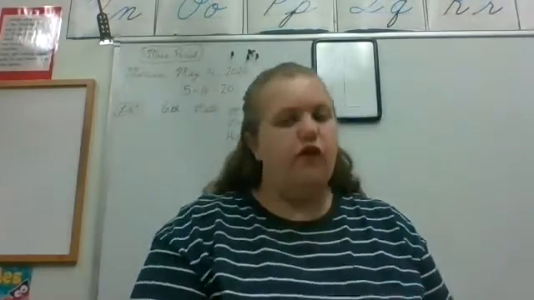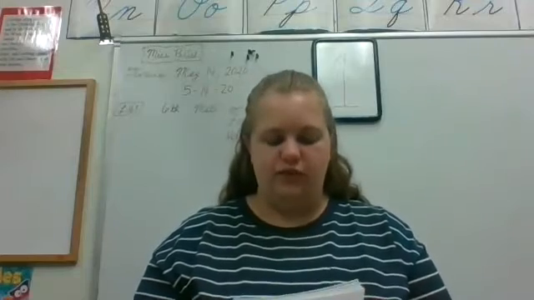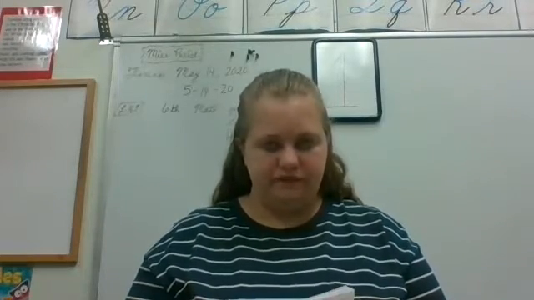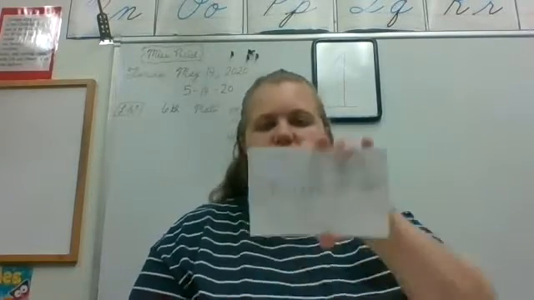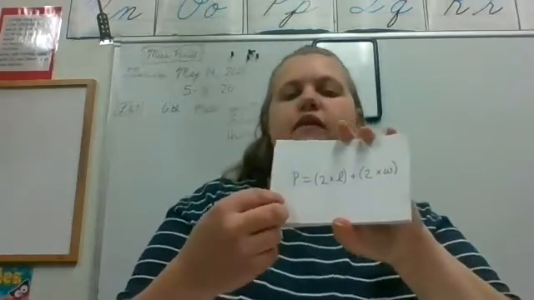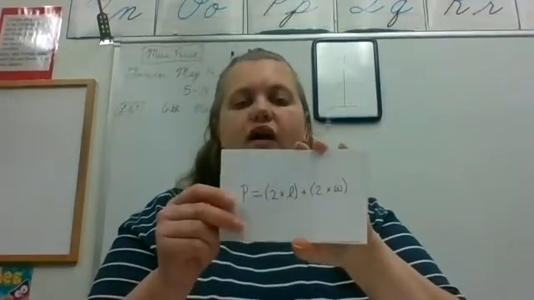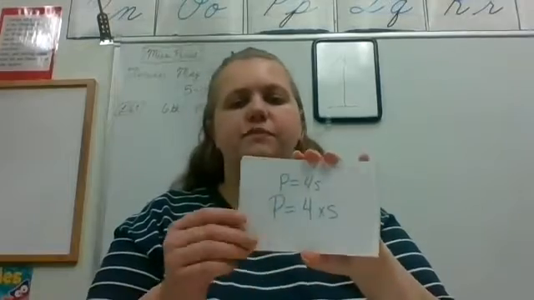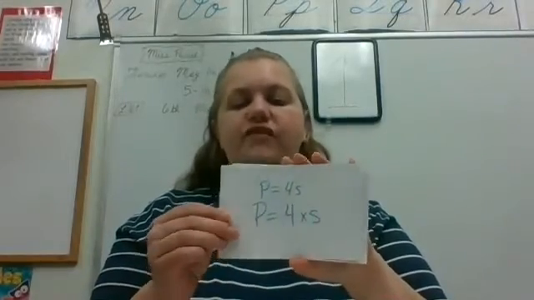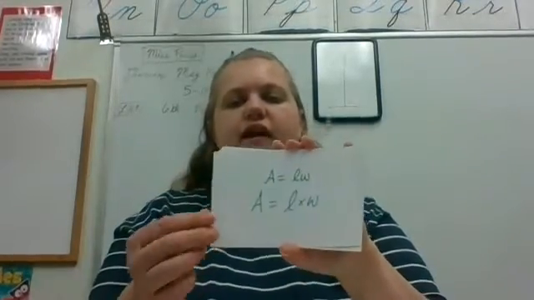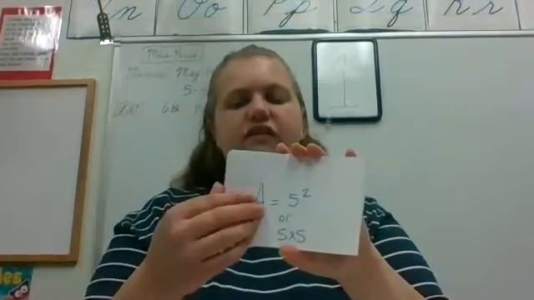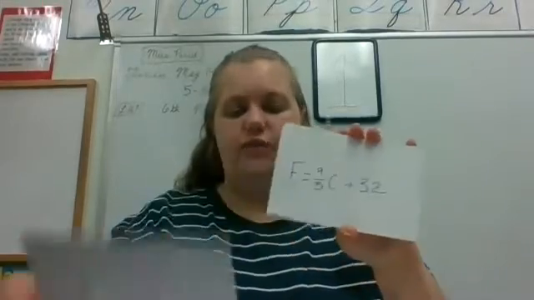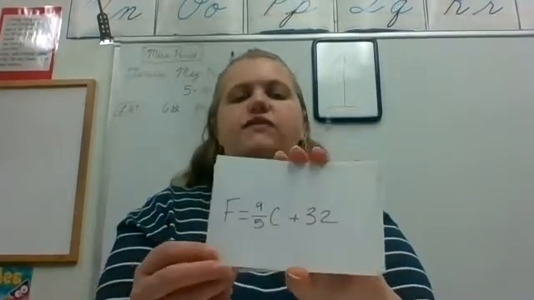All right. So formulas, we're gonna go ahead and review some formulas. So what is this the formula for? Perimeter of a rectangle, good job. What about this perimeter? Perimeter of a square. Area of a rectangle, area of a square. All right, what is this one?